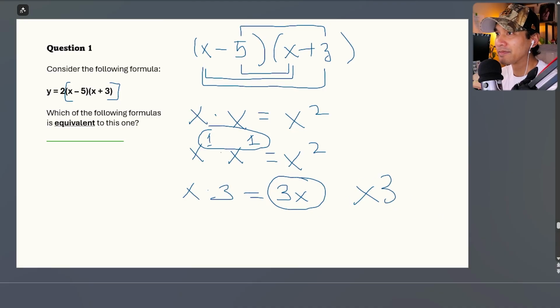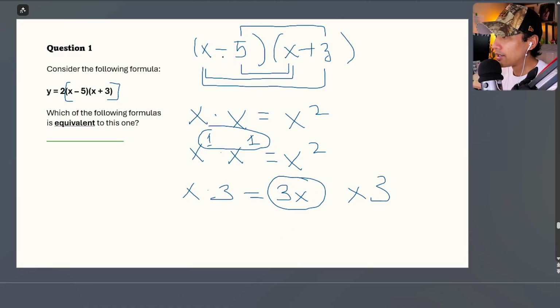It kind of makes sense that if you do x times 3, you would write x3, so it makes sense to put it that way. But this is the correct way to write these numbers when you multiply them.